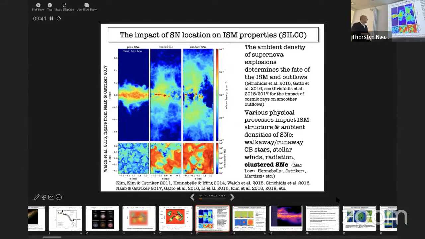Now, we think, or I think, a stable hot phase is what generates galactic outflows. So you have hot gas, and the hot gas is driving the material out.